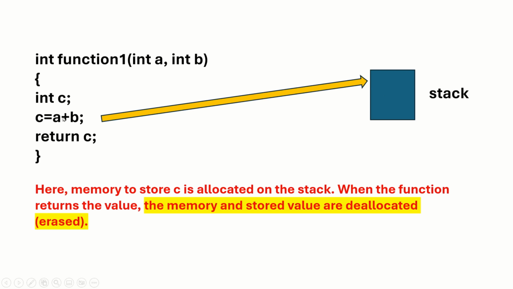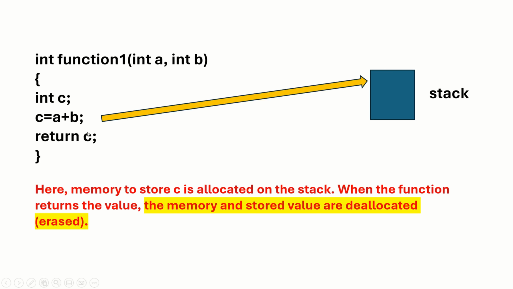Then we add two integers and then we return the value c. However, once this function returns, this memory on the stack is being destroyed. That is, it disappears. Now, this is very, very important to engrave in your mind. When the function returns the value, the memory and stored value are deallocated or erased.